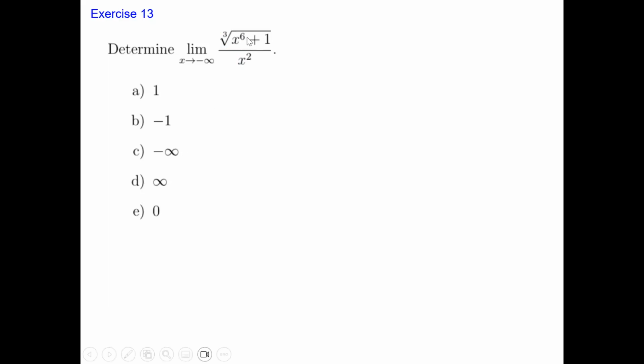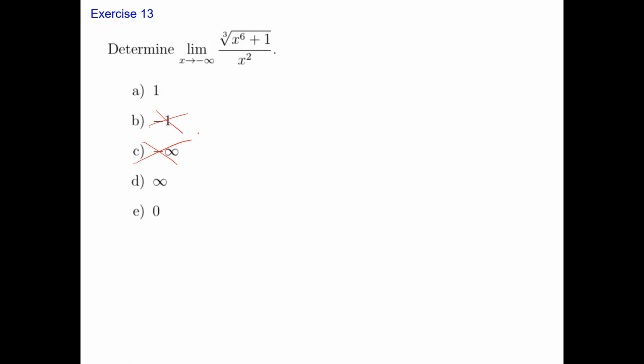We will take to the power of 6 negative number. That means this will be positive, cube root of the positive. The sign of the numerator will be positive, denominator will be positive. That means now the negative answer is not an option. We have to figure out maybe negative infinity, but no, the function will be positive.